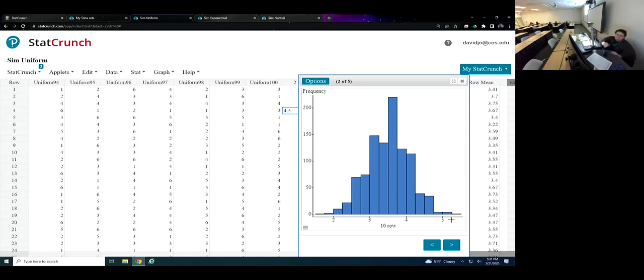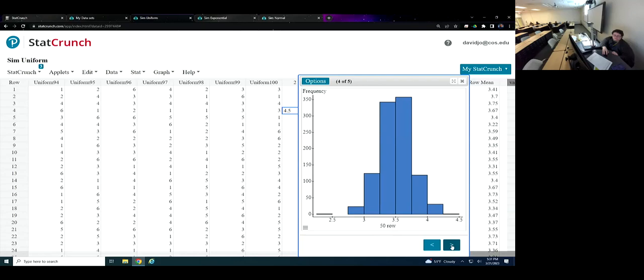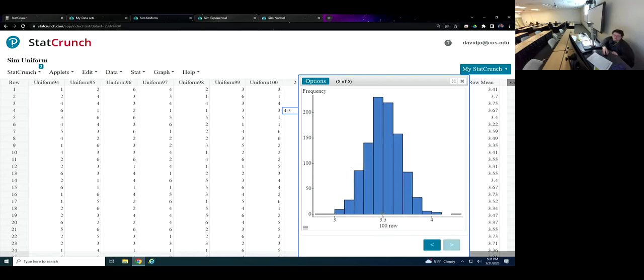I'll draw this in a second. The more groups we do, the narrower it gets. Now it doesn't even go to 5. It stops at 4.5. And now it just shows 3 to 4. There's no 1s or 2s, no 5s or 6s listed there.